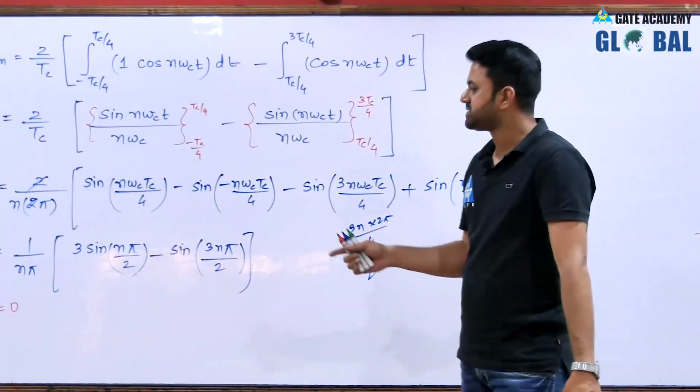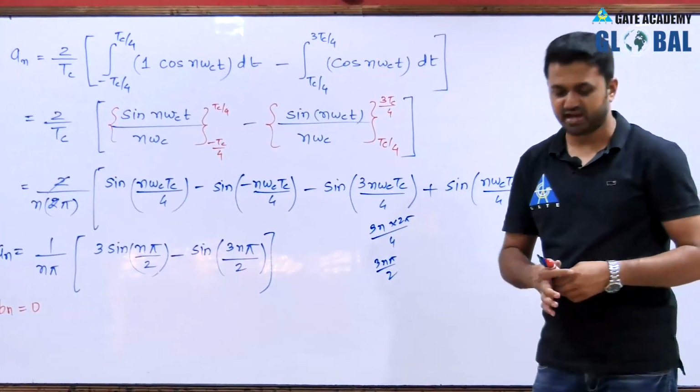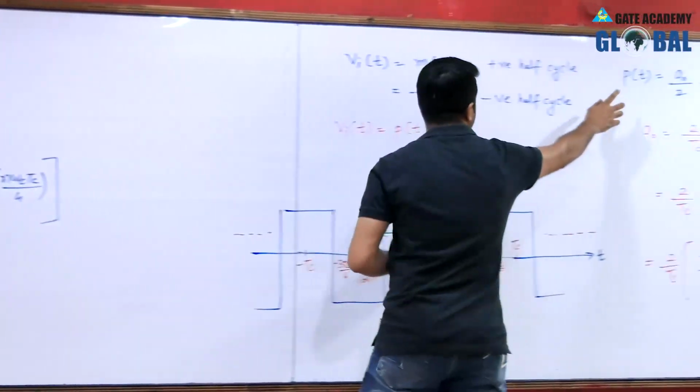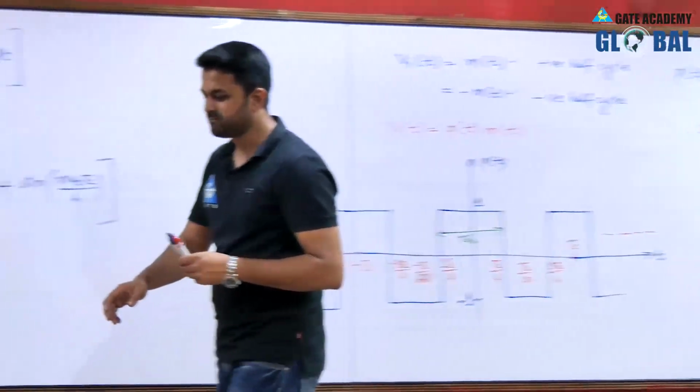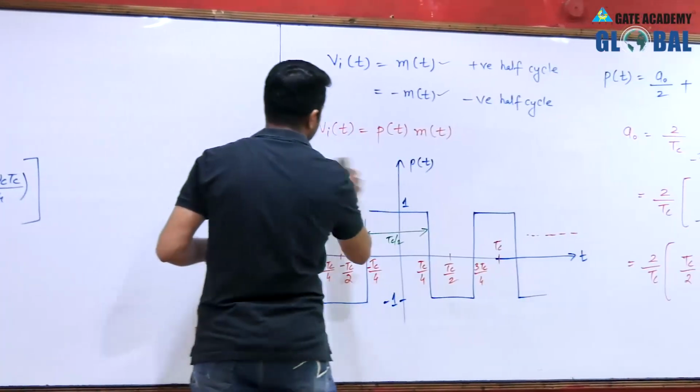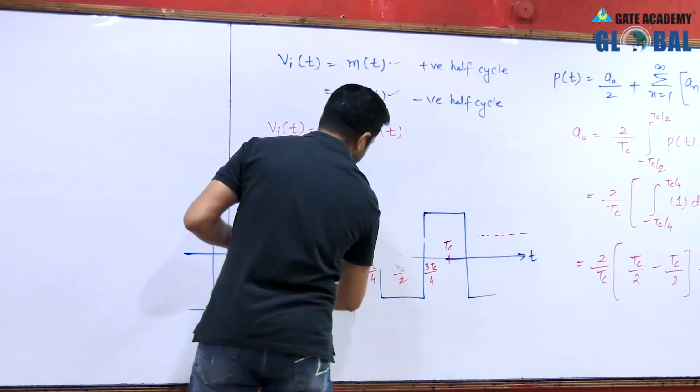Now we can directly substitute the value of A0, An and Bn in our original equation, that is Pt, and then we can multiply it by Mt to get the Vit, which is input to the band pass filter.